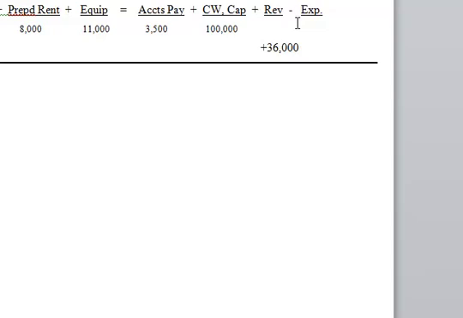And we had a balance in cash of $83,000, and customers just paid us $36,000 more. So now we have a total of $119,000 in the cash account. We don't have anything in accounts receivable yet. Supplies, we still have $1,500 worth of supplies on hand. We have $8,000 in the prepaid rent account.